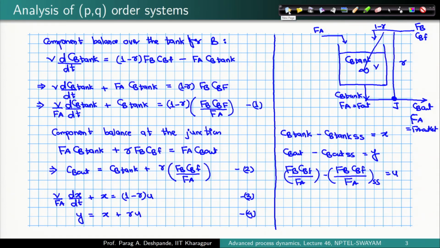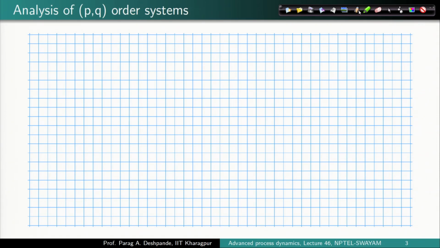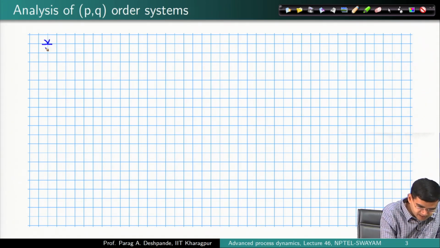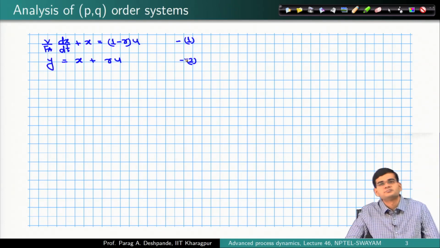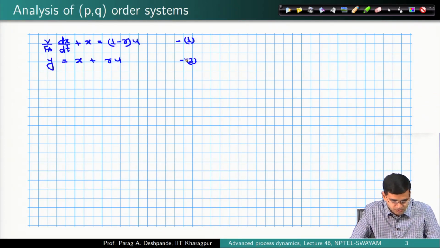So, this is V by F_A dx/dt plus x is equal to (1 minus R) times u, say equation number 1, and y is equal to x plus R times u, equation number 2. So, when I have equations of this form, what do I do? Well, I can take the Laplace transform on both the sides.